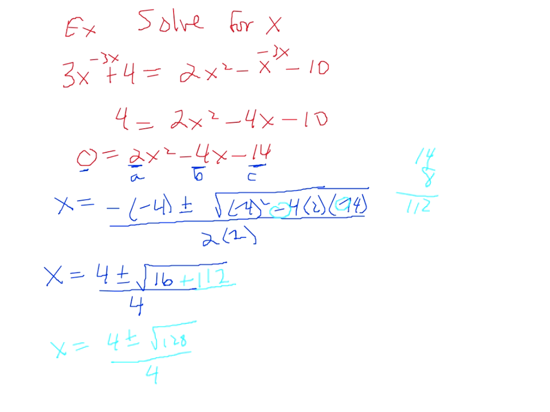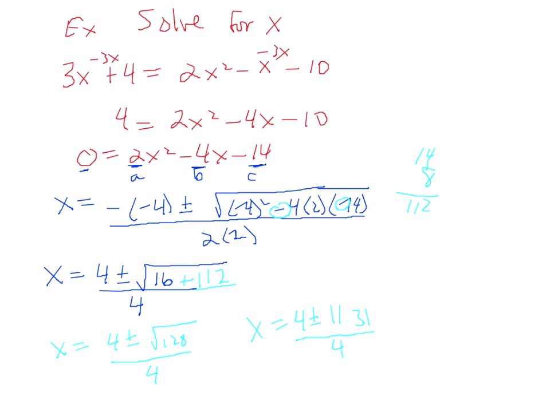And so you can leave it like that. Or you can type in the root of 128 in your calculator, and you can get that decimal value. And you can leave a couple of decimal places here. I'm not going to be too picky on the decimal places. What we see here is that x equals 4 plus or minus 11.31 all over 4.